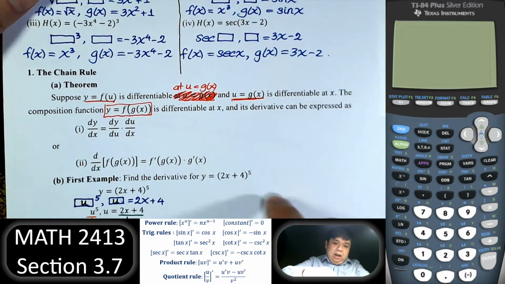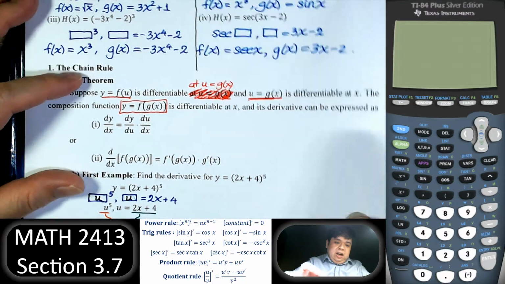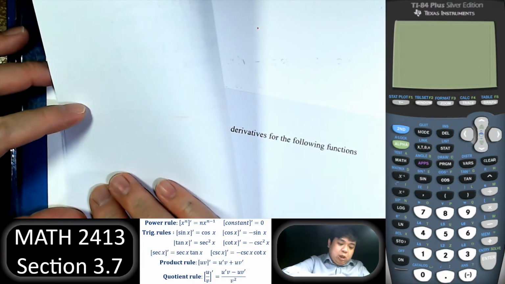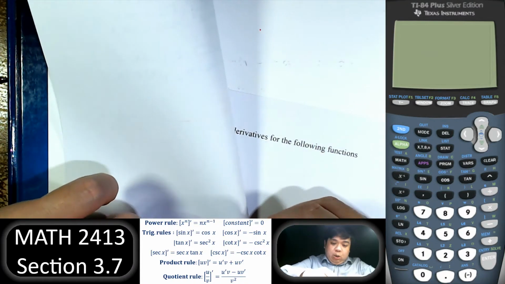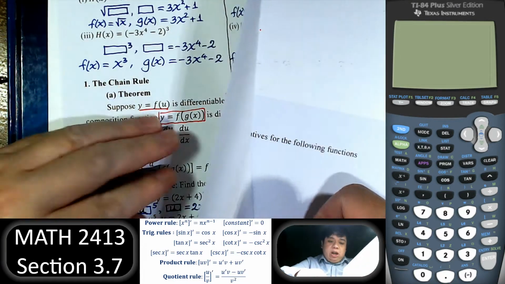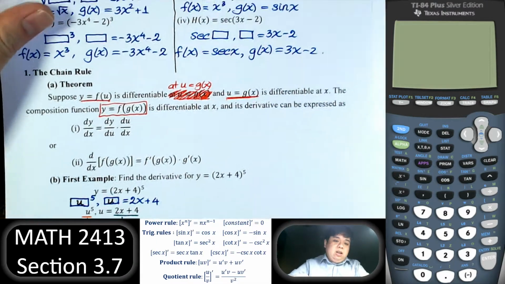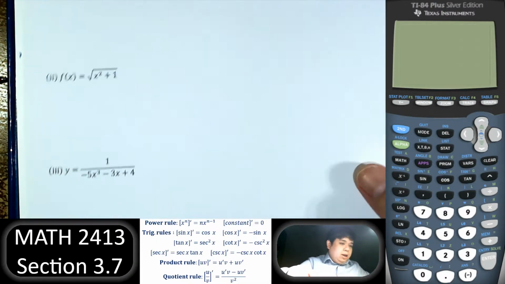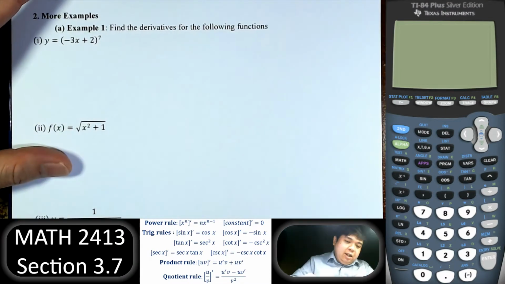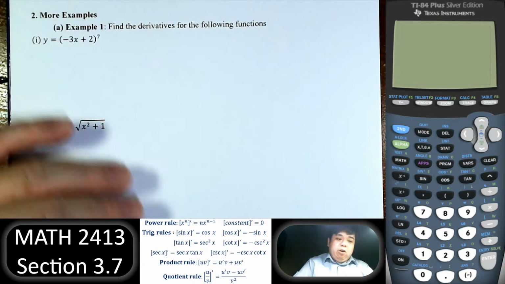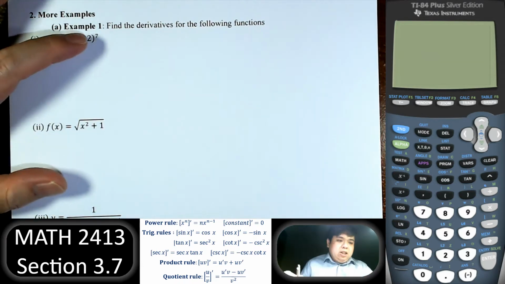By the way, let's leave the other half because this is nice and all, but when we get used to the chain rule, we will use a little more compact notation. So when we use the more compact notation, I will write the solution on this side of the page. Right. So next, I'll find the derivative of the following function. First of all, this is to the 7th power.